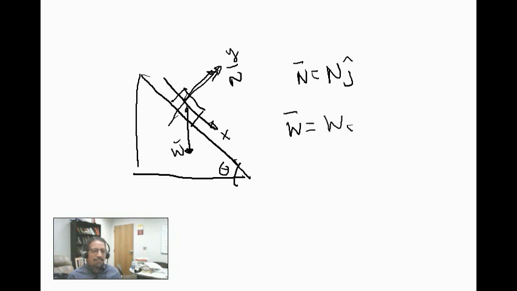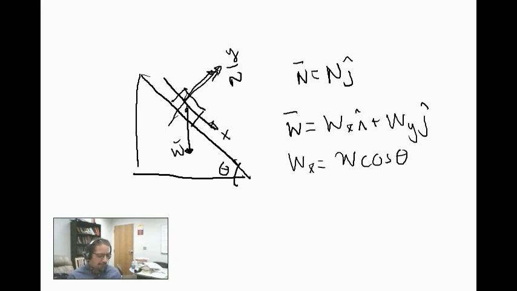So this is Wx i plus Wy j, and this is going to be negative. Wx turns out to be W sine theta, and Wy is minus W cosine theta.